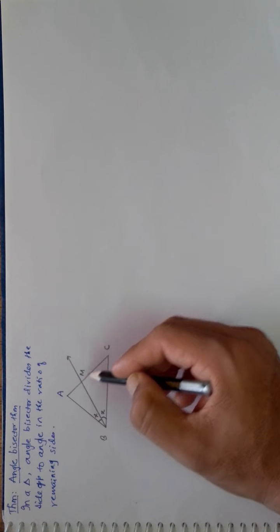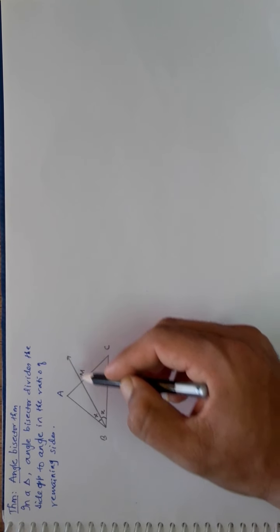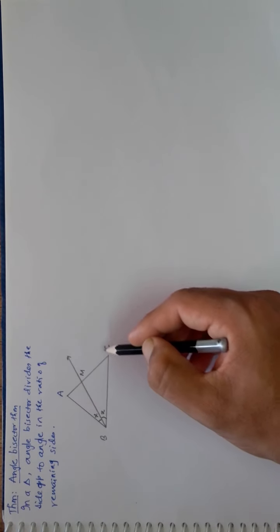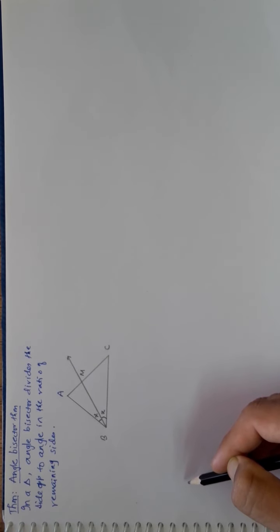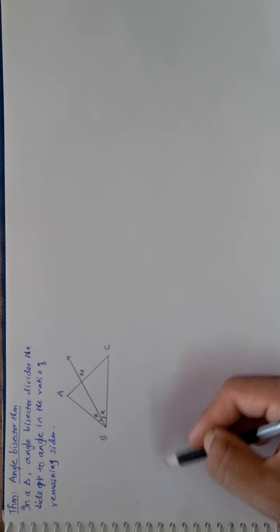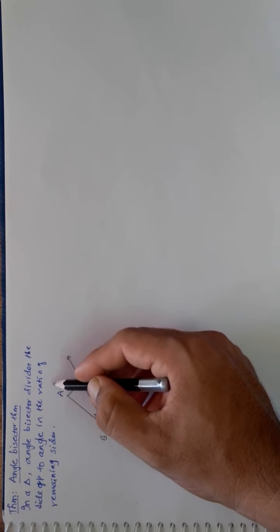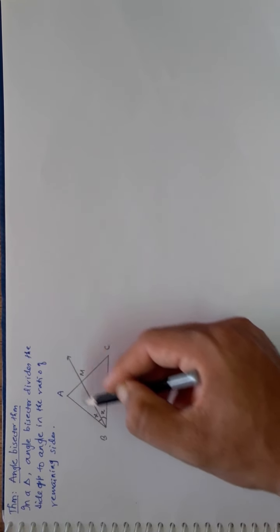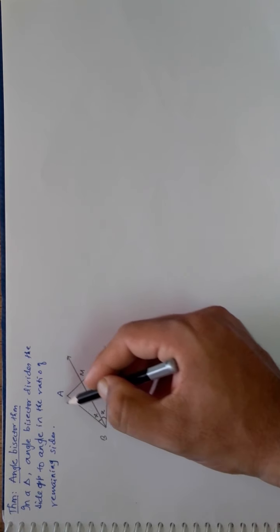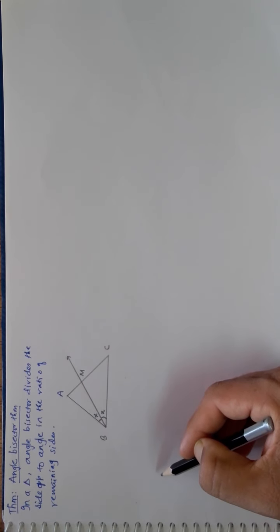And from where will I draw it? I can draw infinite lines like this, but I know the ratio is AM is to MC. That means this line must be parallel to the third side, so the third side must come from here only. I am going to take this as one more side, so this is going to extend further; then only the triangle will be complete.